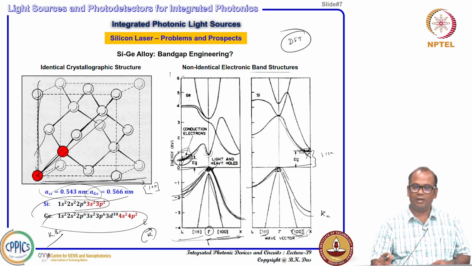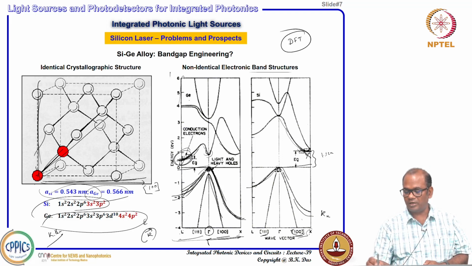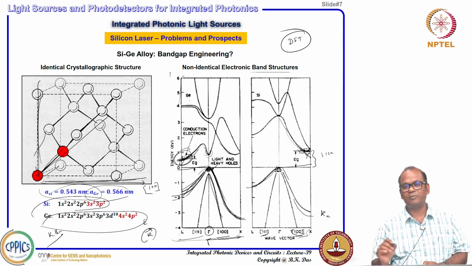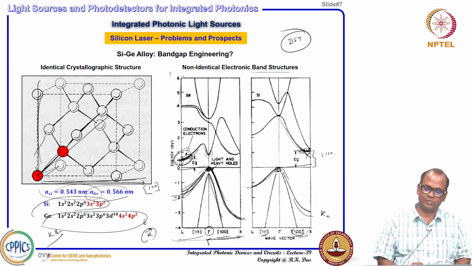So even if you are making an alloy, the band gap moves from 0.65 electron volt to 1.12 electron volt, that is fine, but only the conduction minima just moved from the L value to the X value. It remains an indirect band gap semiconductor.